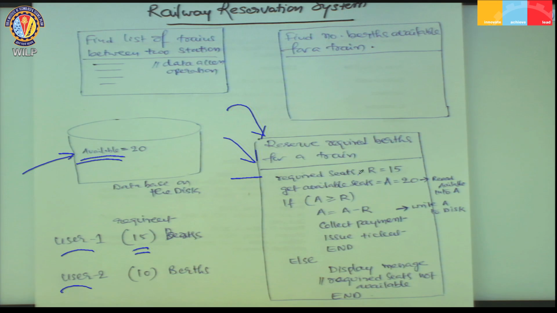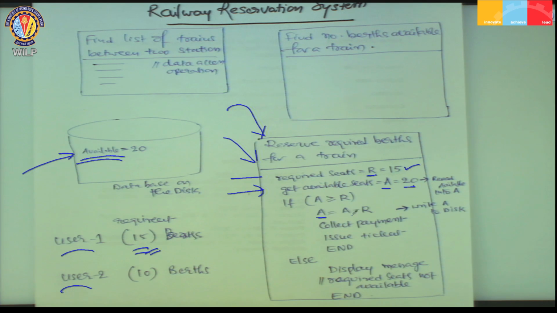The required number of seats given by the end user will be taken into local variable R, and this piece of code will retrieve the available seats for the given train and store it in local variable A, and it is going to be 20. The required seats are 15, and if A is greater than or equal to R, in this case it is certainly yes.